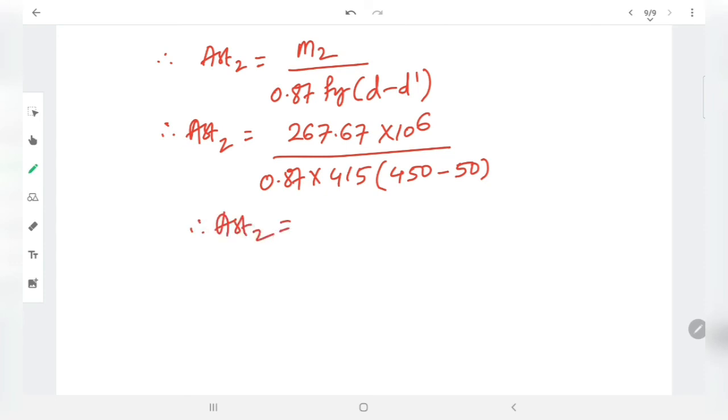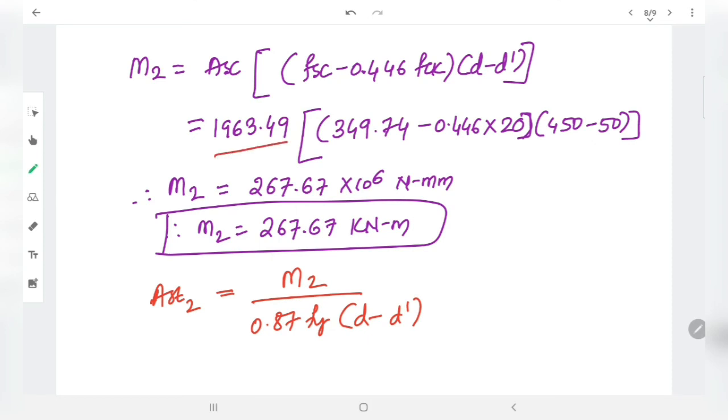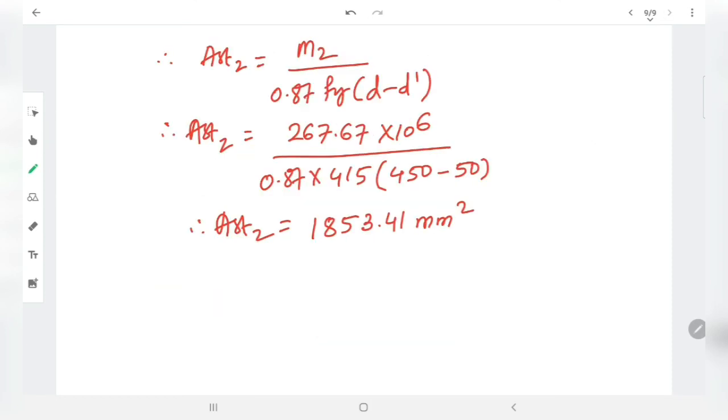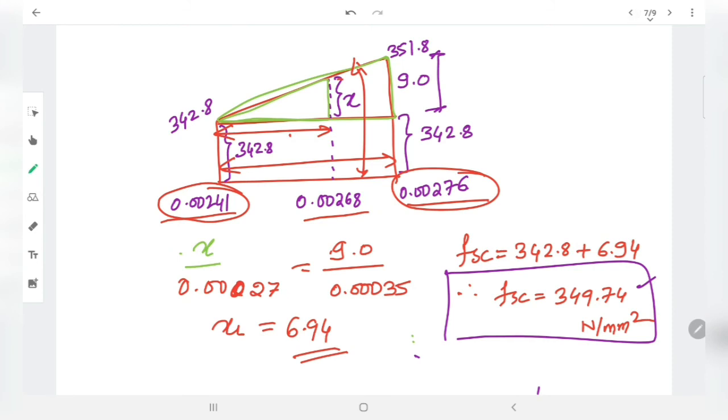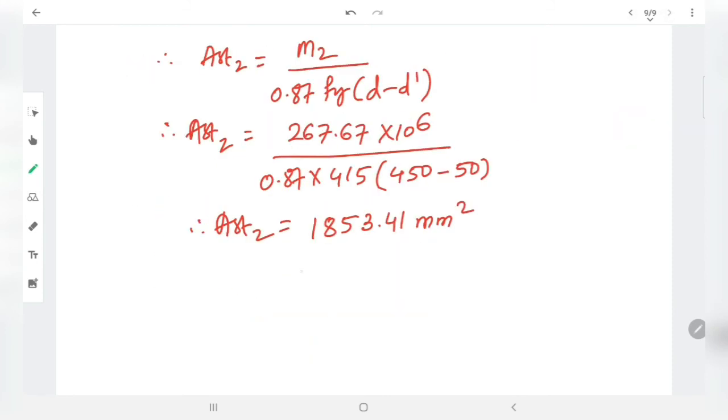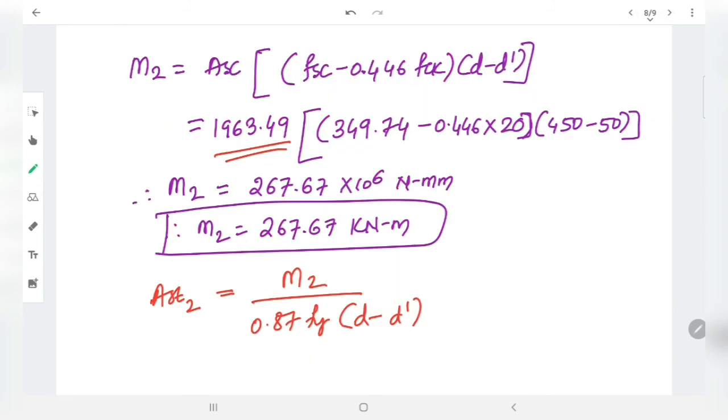When you solve this, AST2 is equal to 1853.41 mm square. It will be slightly less than the value of ASC. Keep it in mind, always this value is around 1 to 10% less, depending on the replacement of concrete.